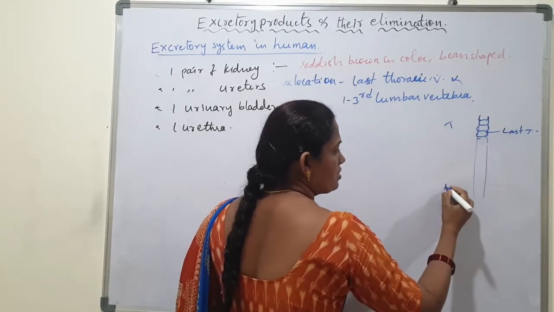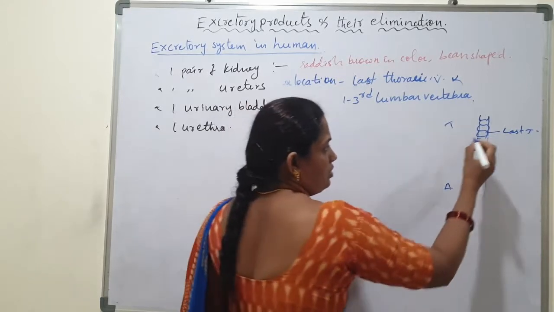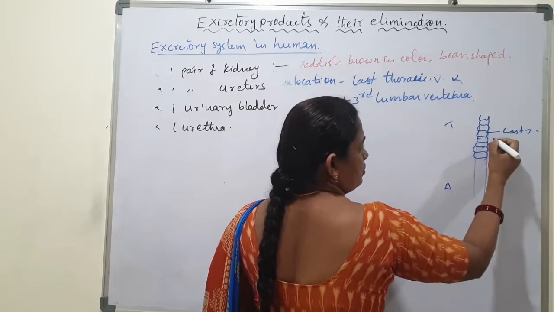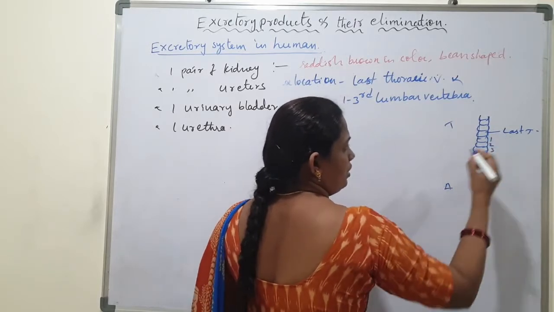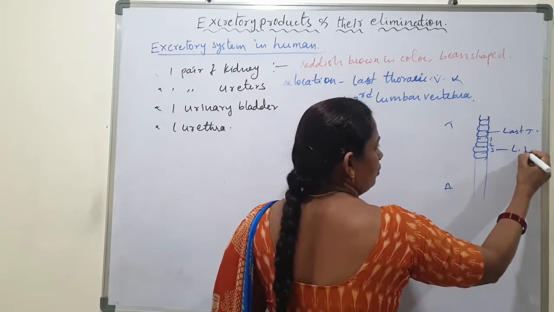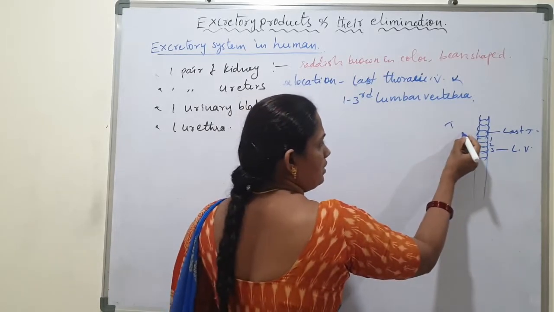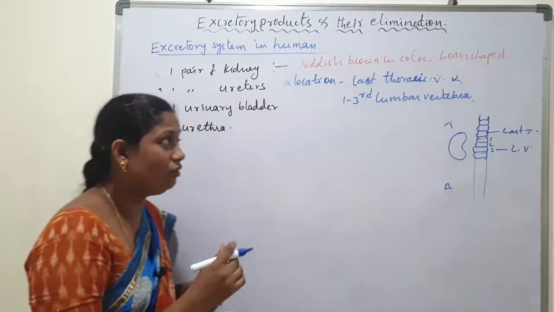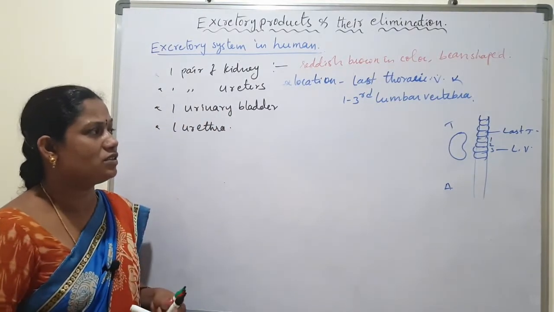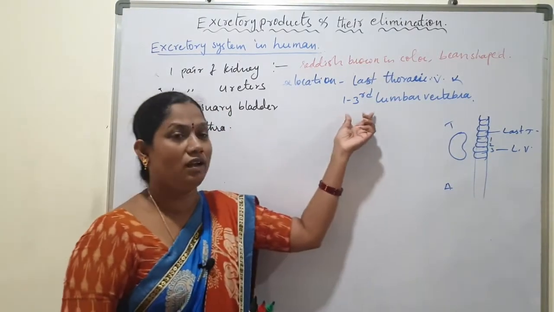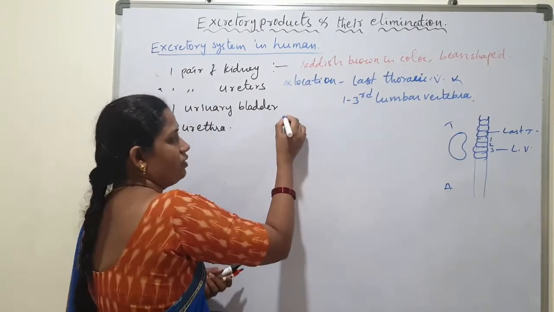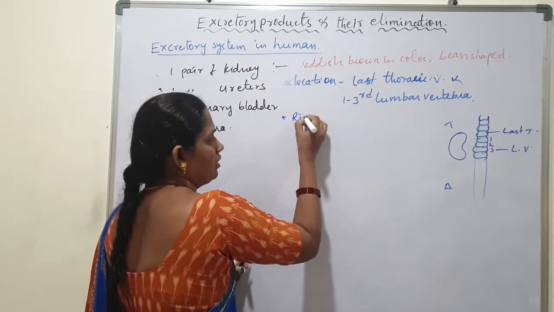From here onwards is the abdominal region, where these vertebrae are called lumbar vertebrae: first, second, third. Up to the third lumbar vertebra, the kidneys are located, at the junction of the last thoracic vertebra and the first to third lumbar vertebrae.